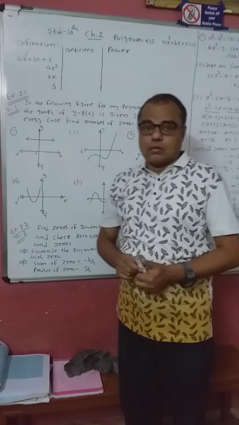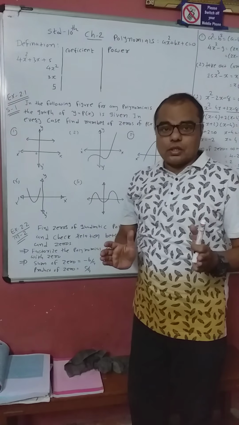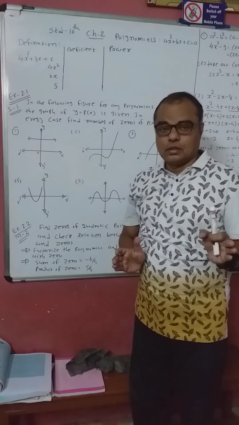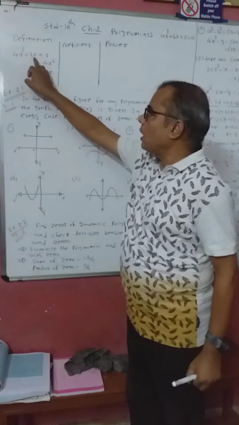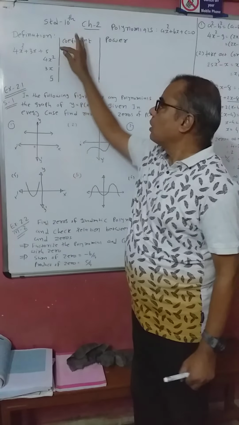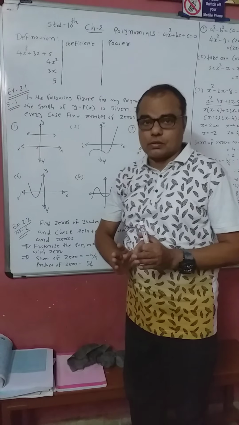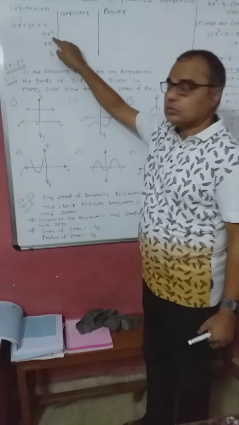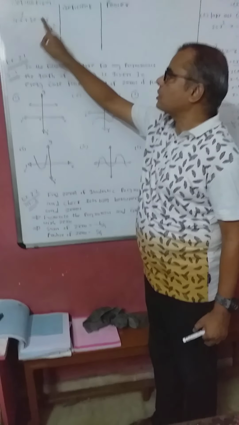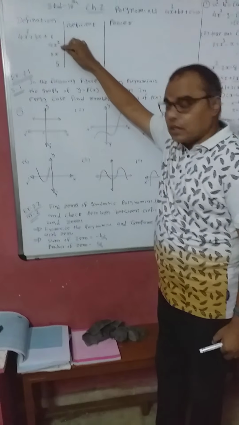Right? Now we have to understand variable and coefficient. x square and x are variables. 5 is a constant, right? Now 4x square, there are 3 terms: 4x square, 3x and 5. I have written them in a vertical column.